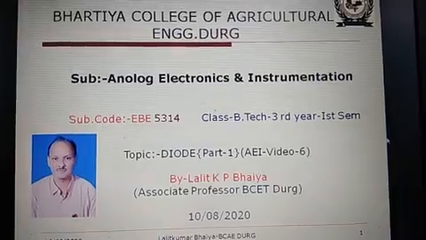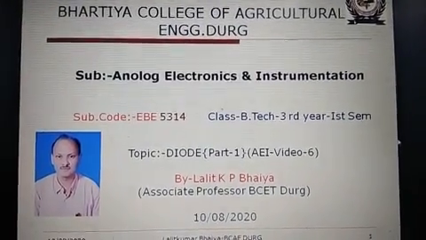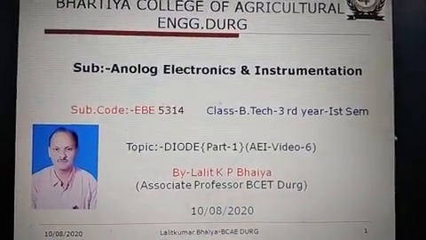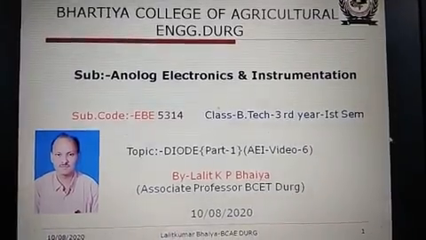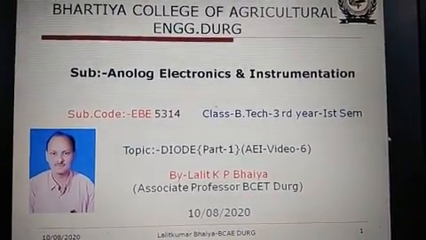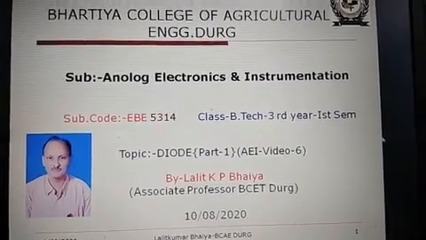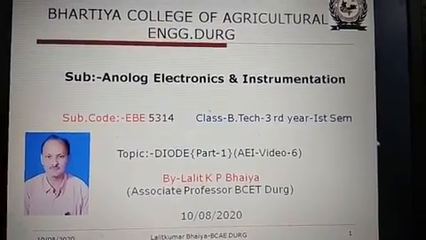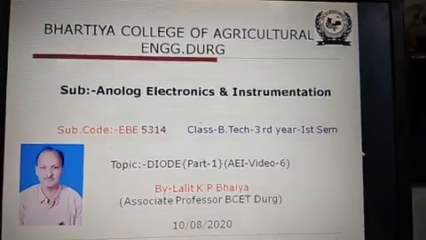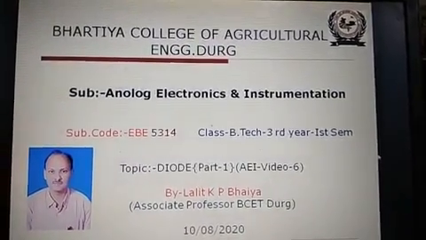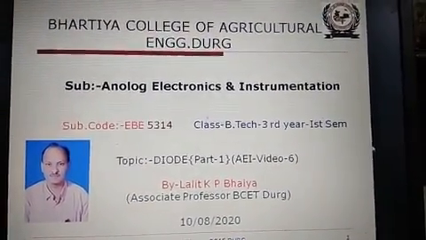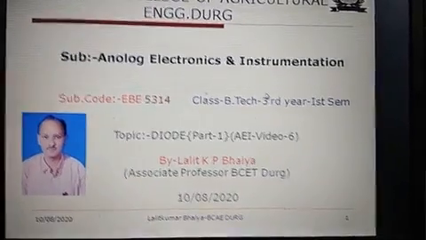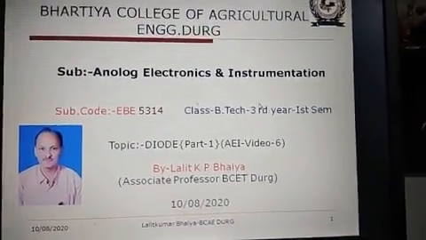Dear students, in the last video, that is video number 5, we have seen and studied semiconductors. That is the first part of your syllabus: the characteristics of semiconductors and the comparison between conductor, semiconductor and insulator, and their characteristics, properties, etc. That we have already seen.